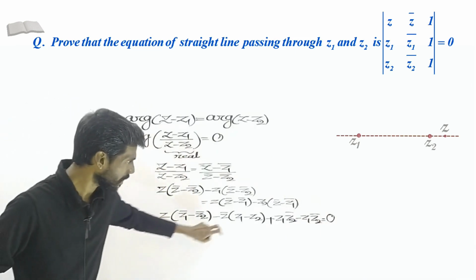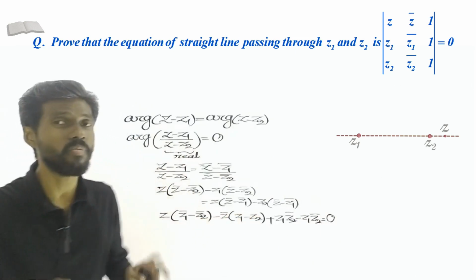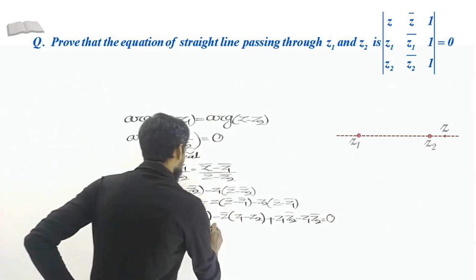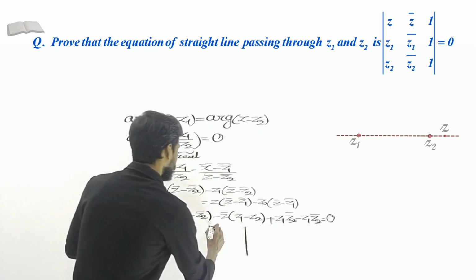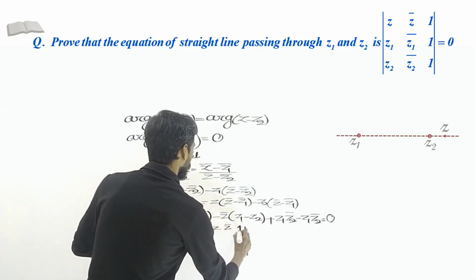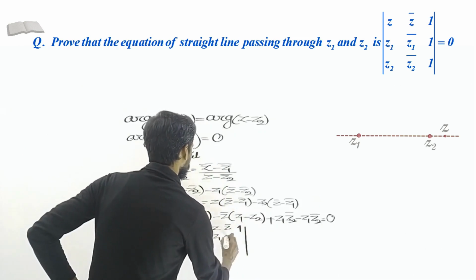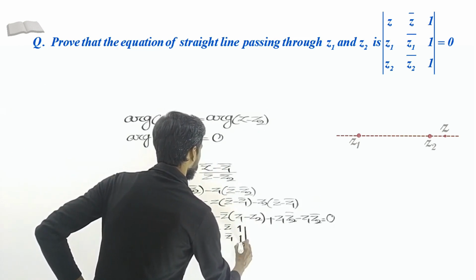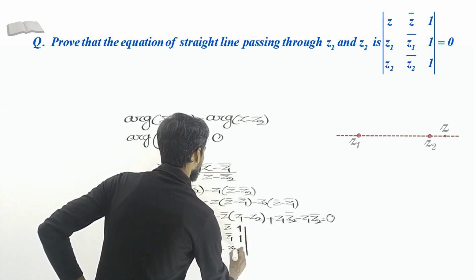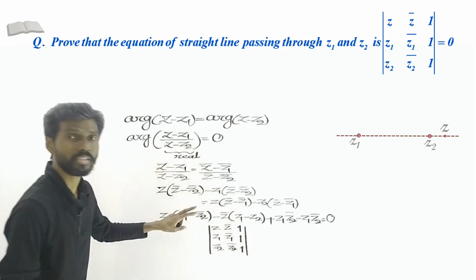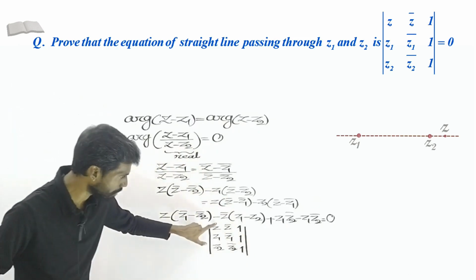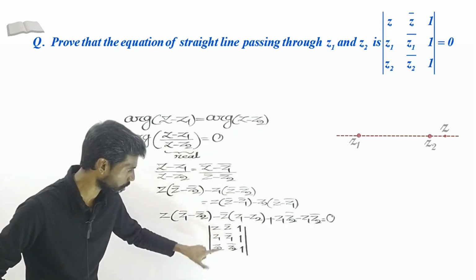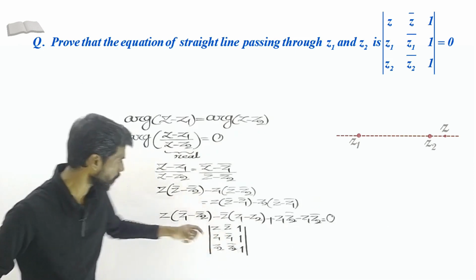Now see, this expression is only the value of a determinant. If you expand this determinant with rows z, z bar, 1; z1, z1 bar, 1; and z2, z2 bar, 1, it is written as a determinant for convenience. Z multiplied by (z1 bar minus z2 bar), that's what is written here.